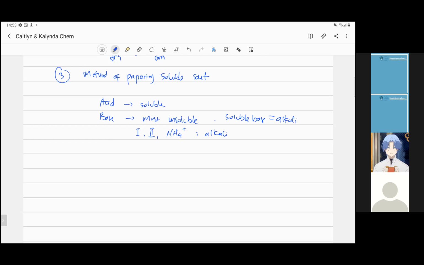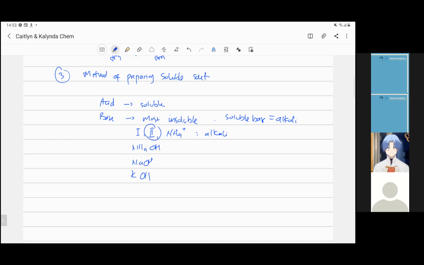So this is the list of soluble base. In general, the soluble bases, we call them alkali, is group 1, ammonia, and group 2. Not all group 2 actually. We're going to see them later on. So hence, the alkali is rare. We have them here, ammonium hydroxide, and then we have sodium hydroxide, potassium hydroxide. Group 2 is soluble, but only to a small extent.